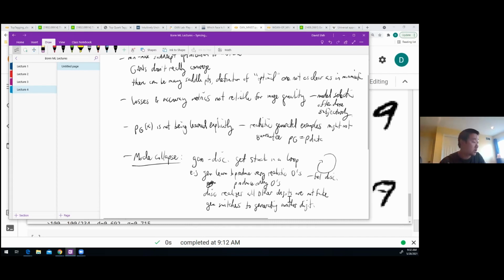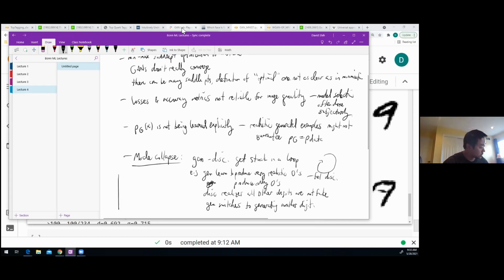So the issue is that there's some lag time. The training takes a non-zero amount of time. If the discriminator could react instantly, then I think this problem would go away. But it takes some time usually for the discriminator to realize what the generator is doing, and it's in that time that you can get stuck in this loop. Okay, so that's sort of how we understand the phenomenon of mode collapse.